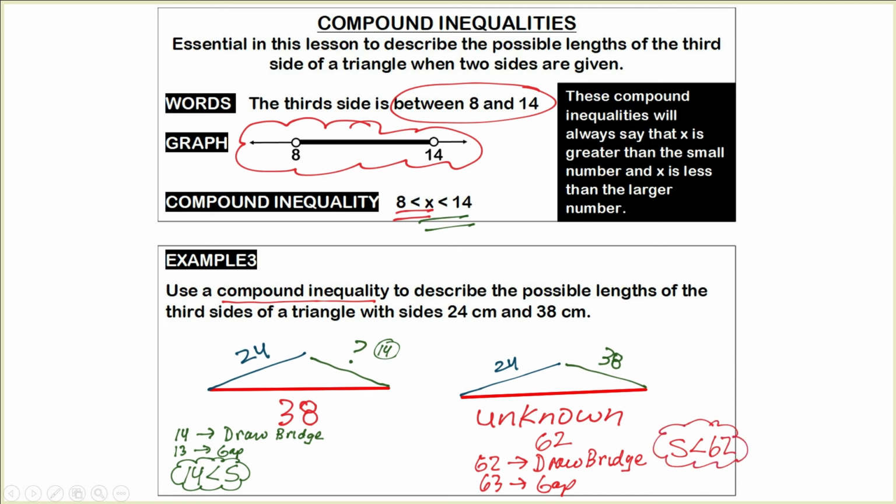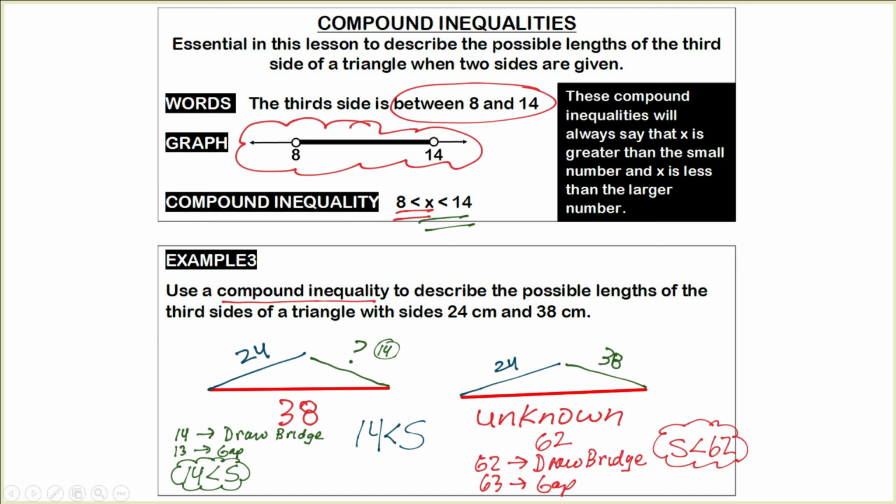So now the only thing left to do is write our answer down as a compound inequality. We need the third side of our triangle to be between 14 and 62. Since 14 is the smallest number, I put it on the left. And I want to say that our side has to be longer than 14, so that's how my inequality sign is going to go.